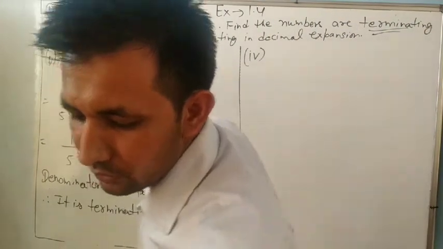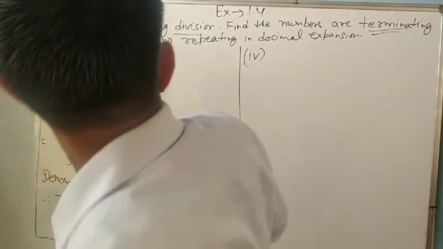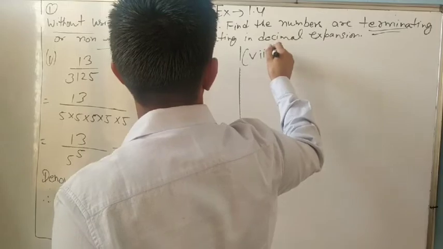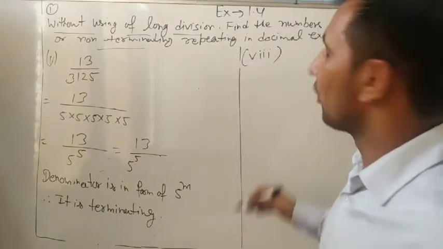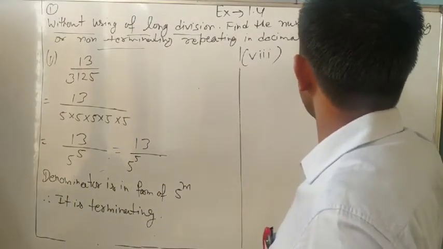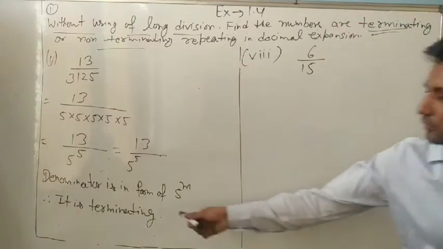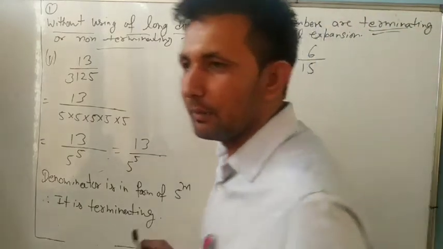First we are taking the 8th part. Look at the 8th part, 6 upon 15. We have to find whether it is terminating or non-terminating. First we already found it is terminating.